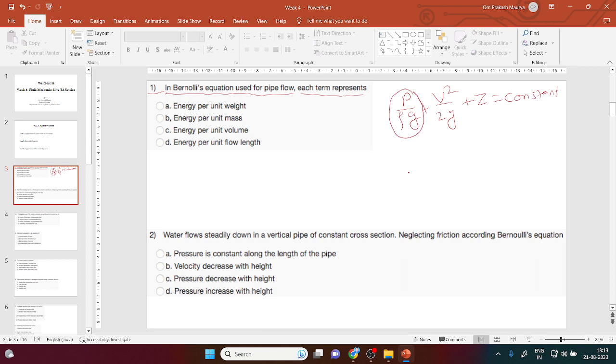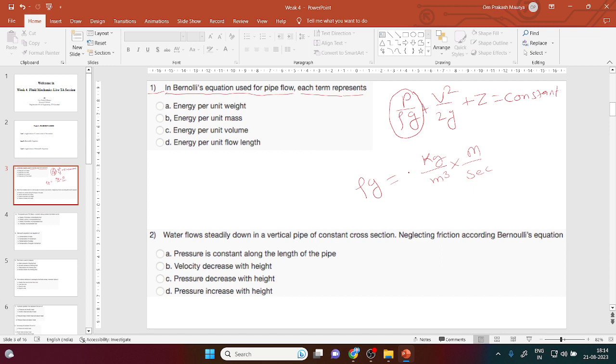You all know what rho g z is. If you go through the unit, it is kg per meter cube times g, that is the weight, sir. Specific weight, sorry. Yes, this is the weight.